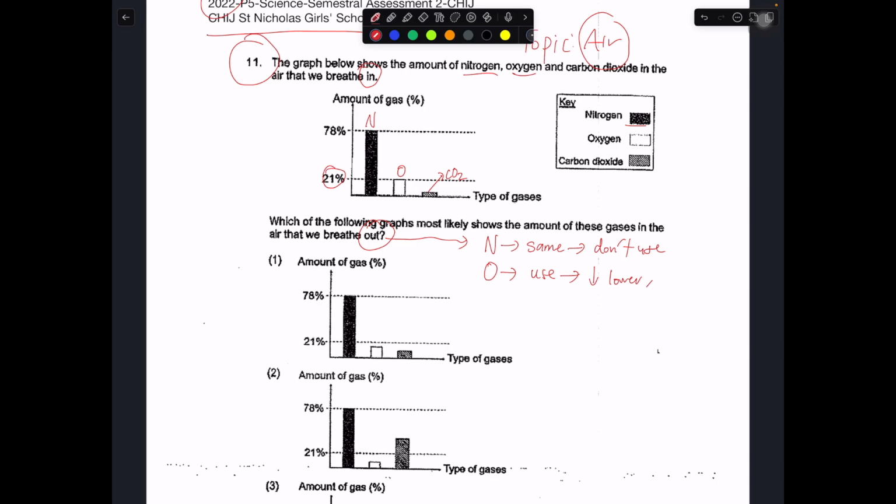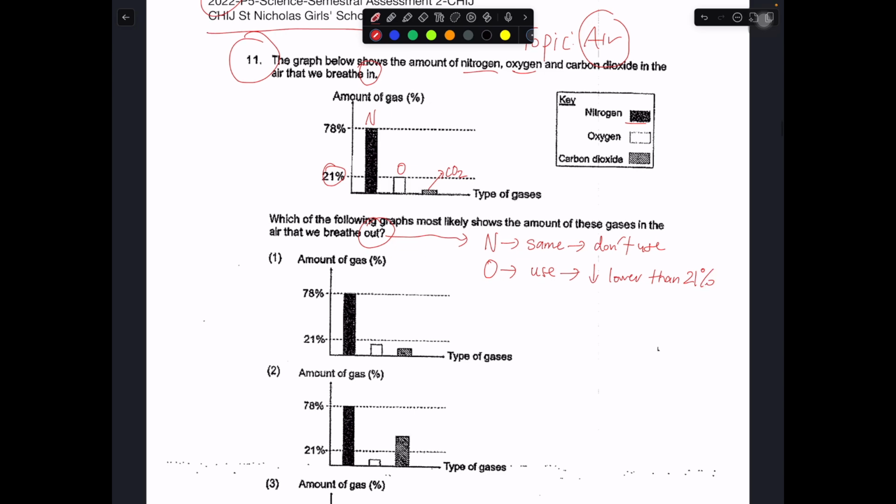The exact number should be approximately 16%. For the last part, carbon dioxide: we produce carbon dioxide during respiration, so the number will be higher.